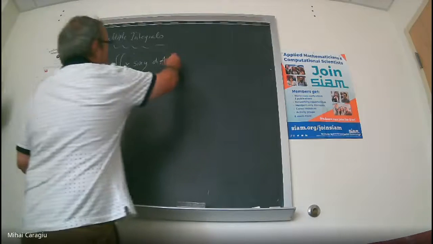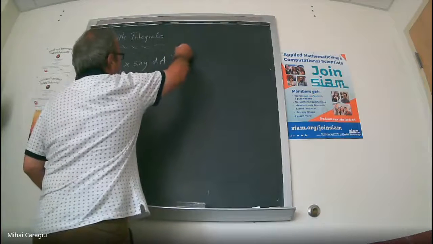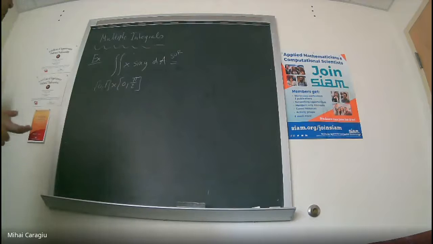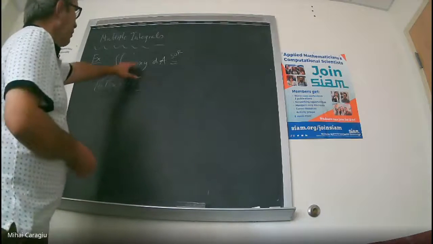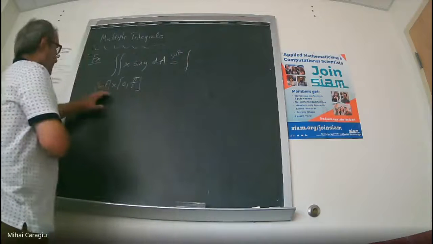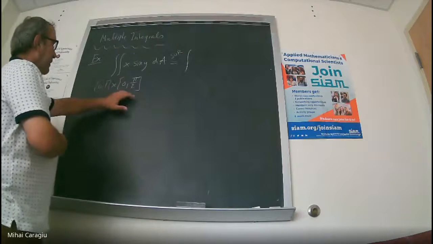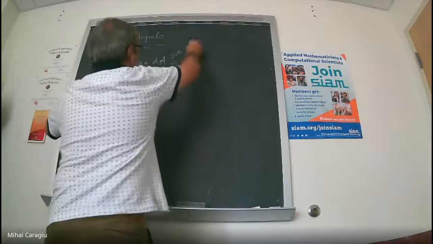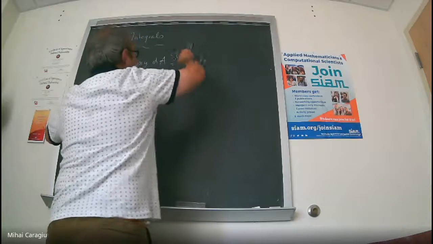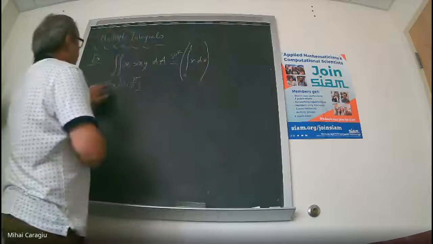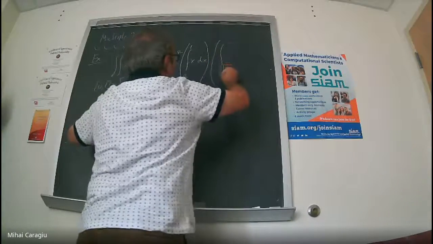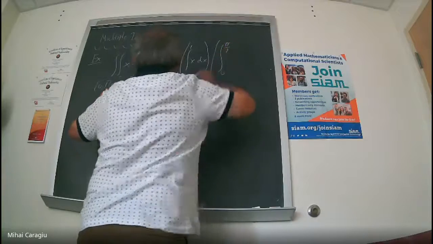We use separable over rectangles. X lives in the first factor, y lives in the second factor. The integral from 0 to 1 of x dx, then the integral from 0 to pi over 2 of sine y dy.